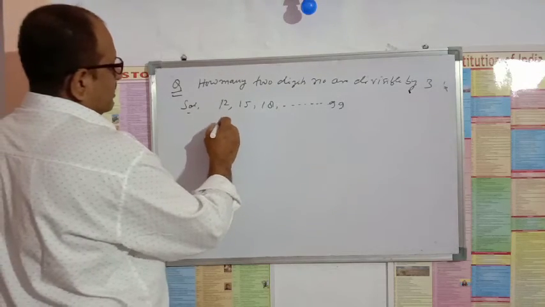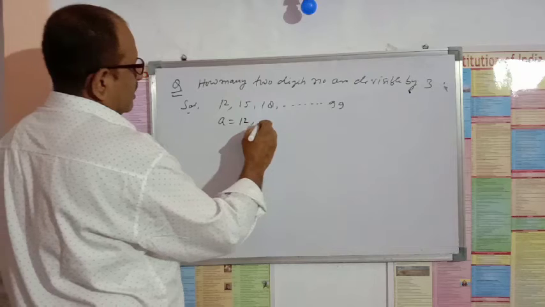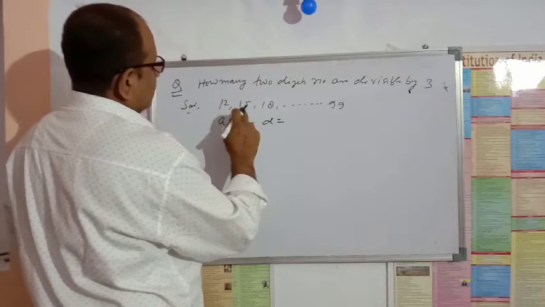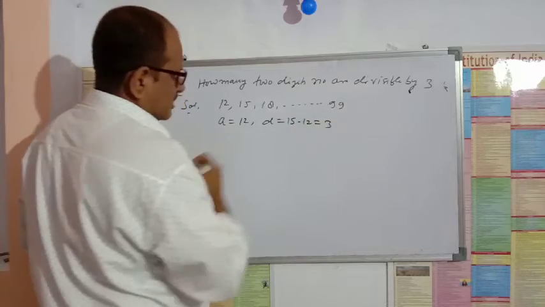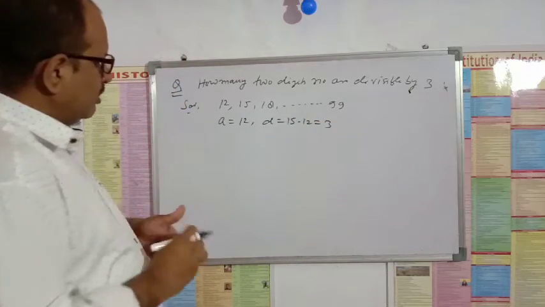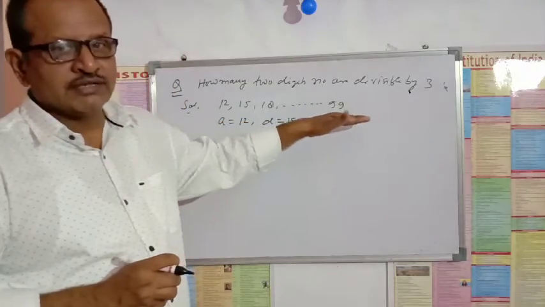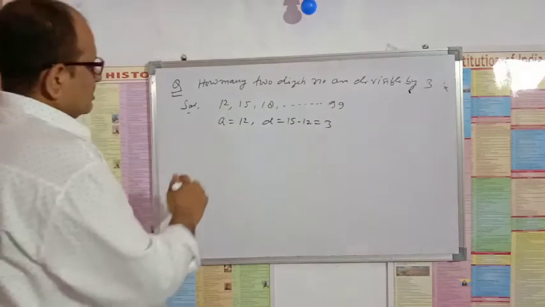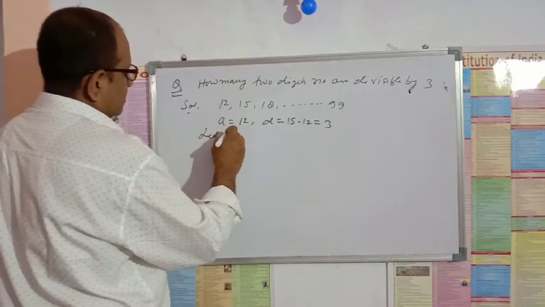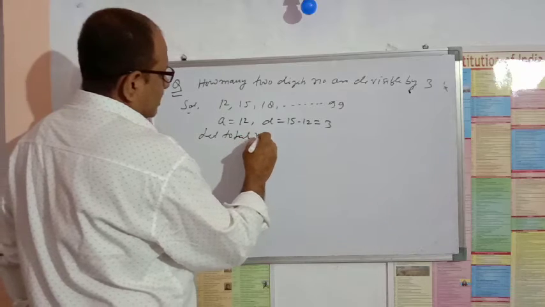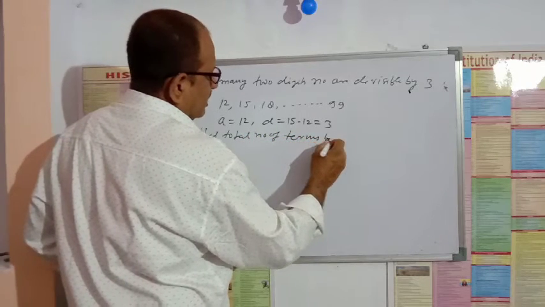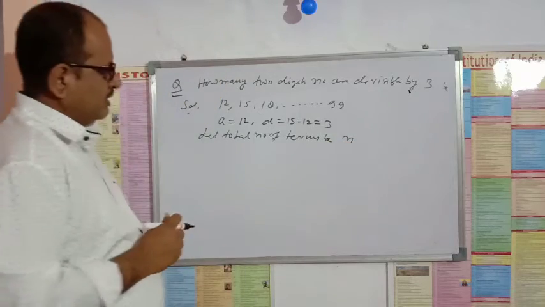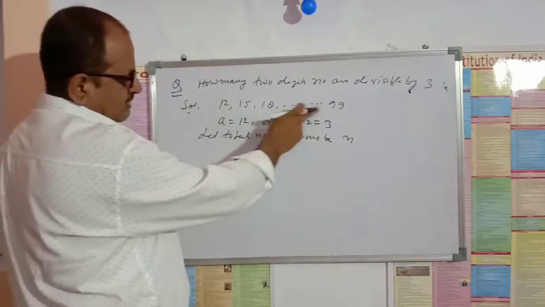What is the first term? A is 12, and the common difference D will be 15 minus 12, that is 3. We have to find out how many terms there are in this sequence. Let the total number of terms in this sequence be n.